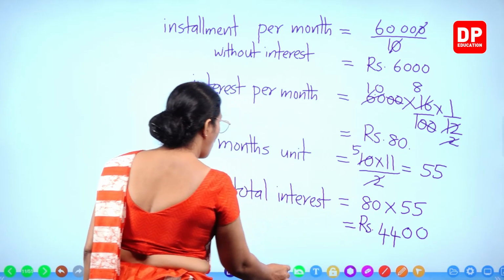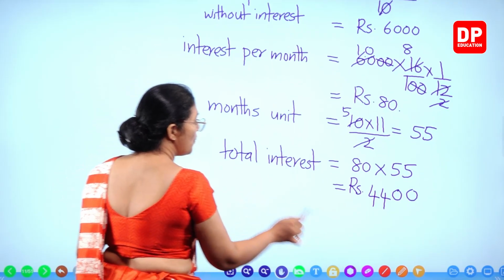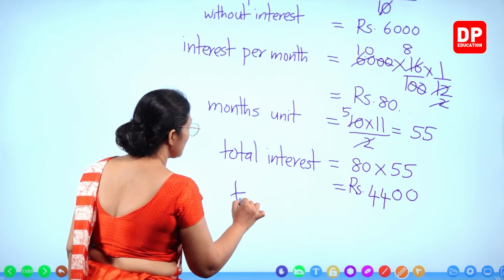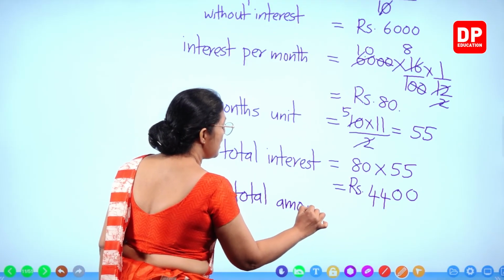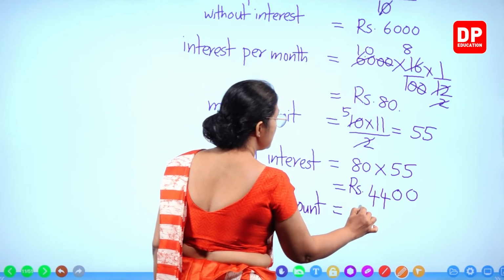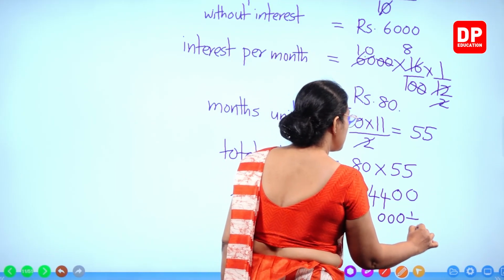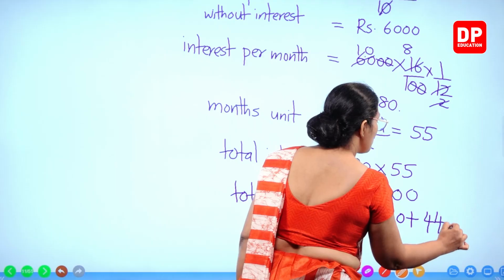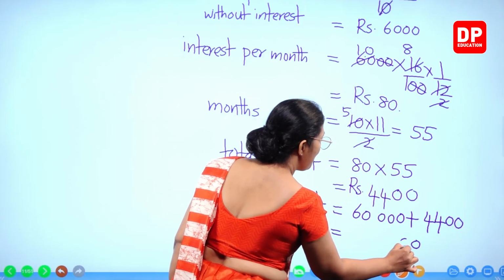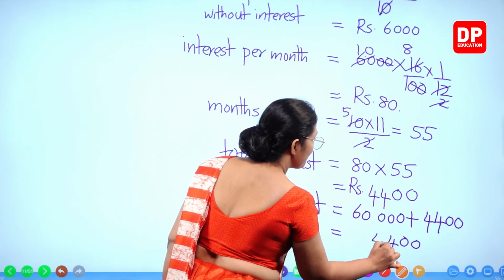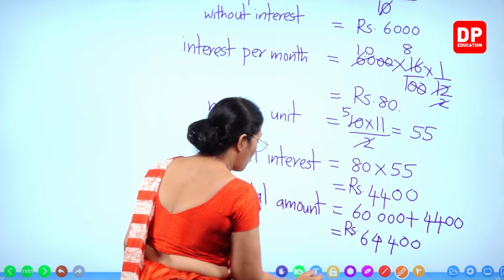Then what is the total amount to pay? Then total amount is 60,000 is the installment without the interest, and interest is 4,400. Altogether needs to pay 64,400 rupees.